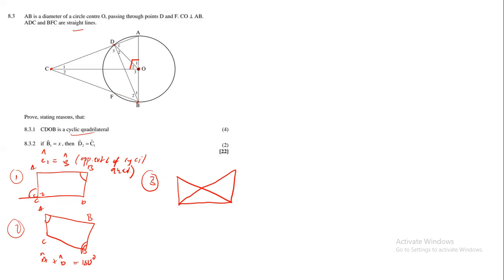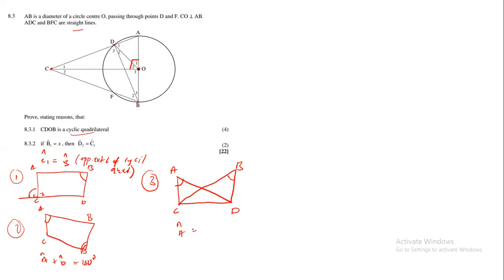And therefore another one, which a lot of people do not understand, is this one. So this is A, this is B, this is C, and this is D. You don't have to have a line here to show it's a four-sided shape. It's fine. This is a cyclic quadrilateral as well. So if this is equal to that, we are safe to say this is a cyclic quadrilateral, okay?